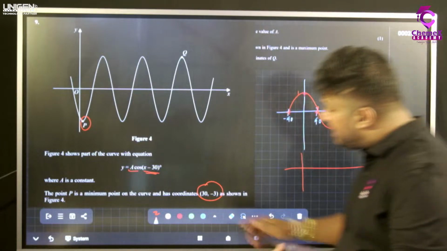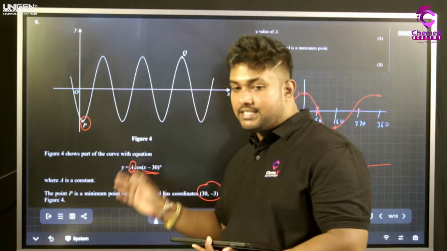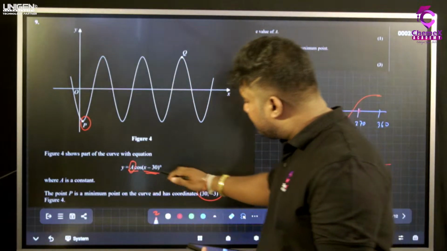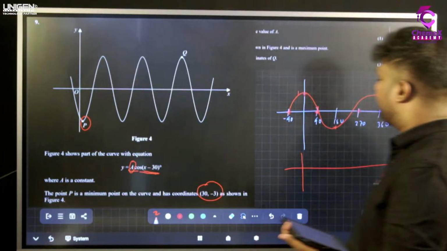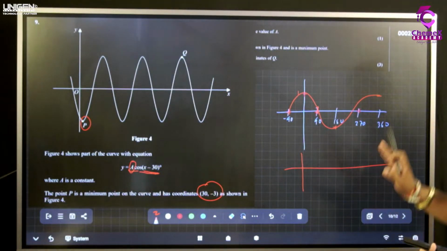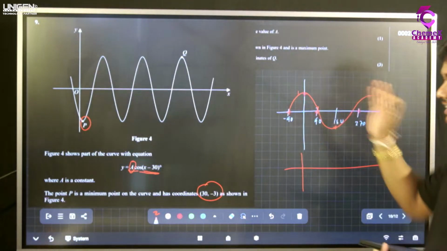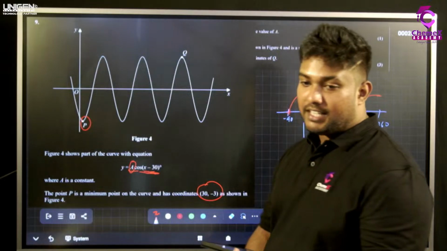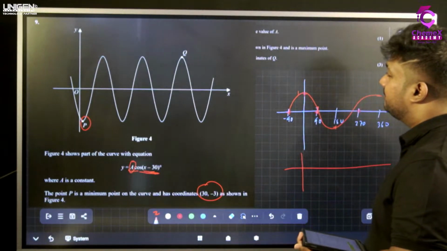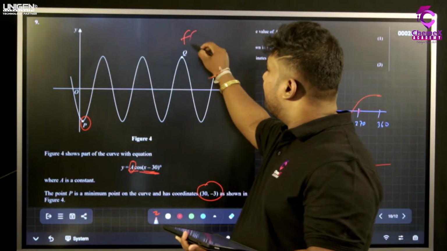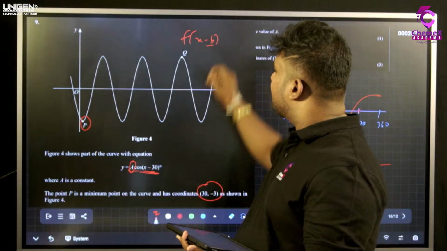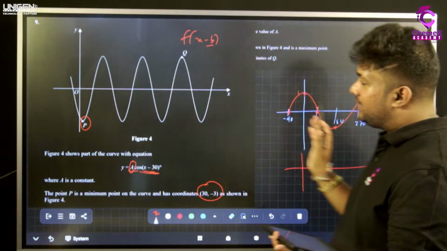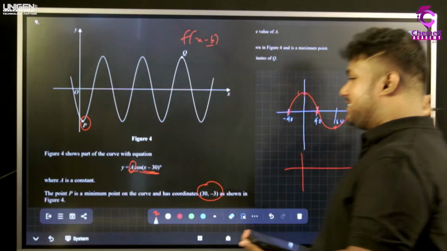Since A is there, you can deduce that it only changes the value of y. What is the x value then for the first minimum? If it is -30, what happens? Does it go left or right? If it's minus inside the bracket, can someone say that? Right. If it is x minus b, what happens? b steps to the right or left? Right, good. The opposite side.